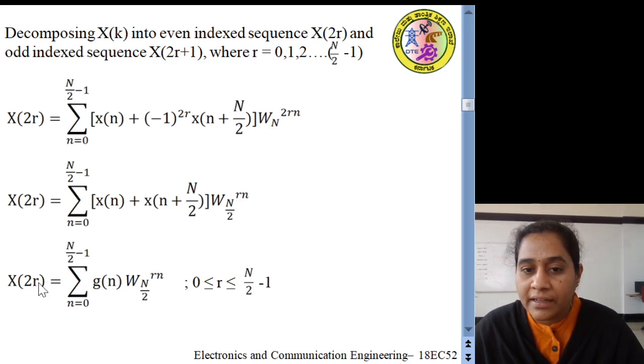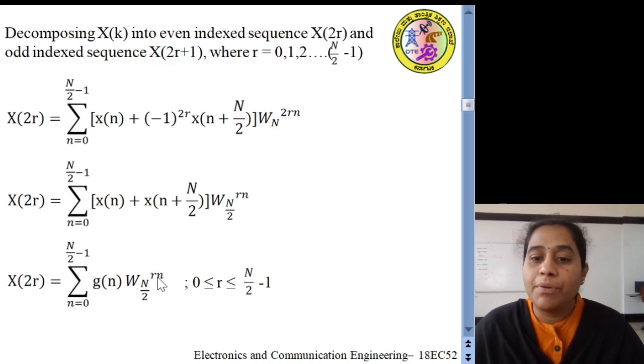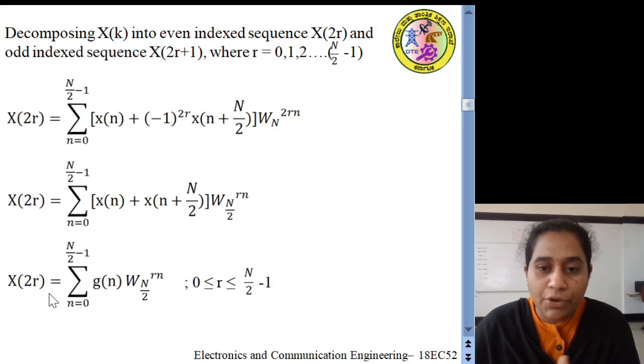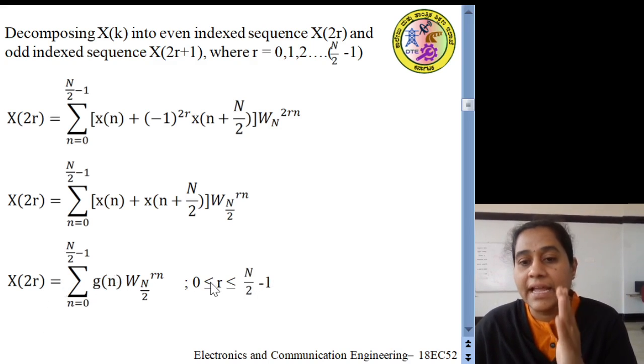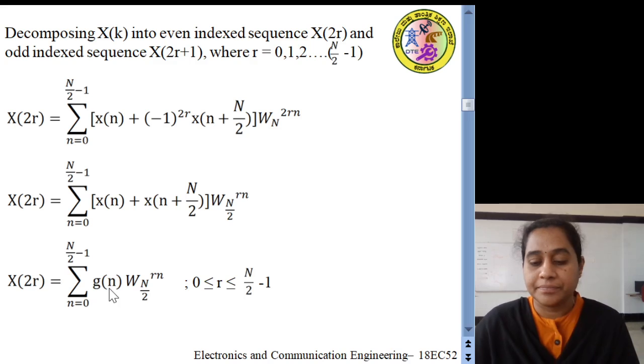So x of 2r will be equal to summation n varying from 0 to N by 2 minus 1, g of n into WN by 2 raised to the power of rn, for all values of r varying from 0 to N by 2 minus 1. So our x of 2r is now representing the N by 2 point DFT of g of n.